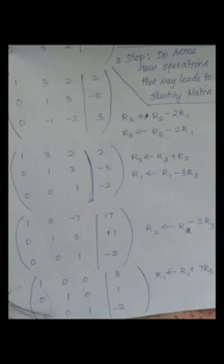If we add R3 and R2 and put the value into R3, we get 0 plus 0 is 0, minus 1 plus 1 is 0.